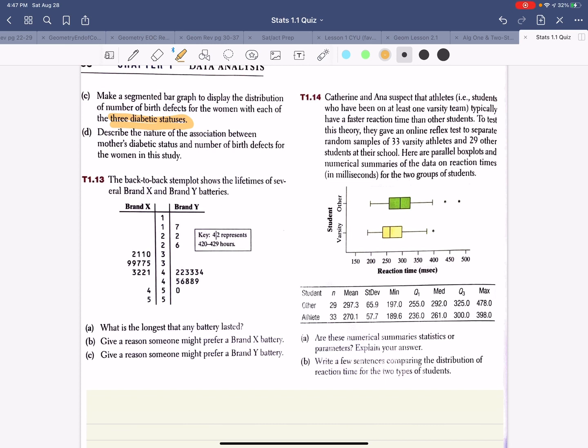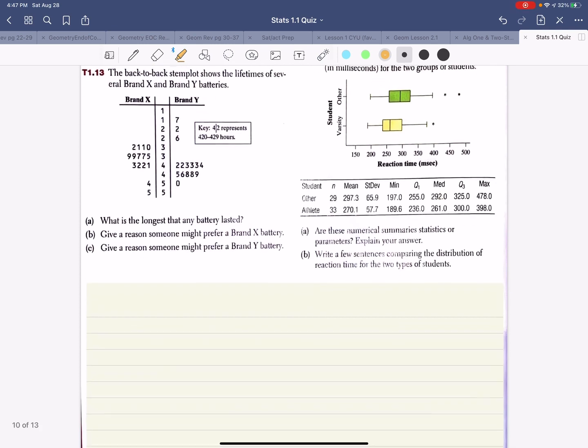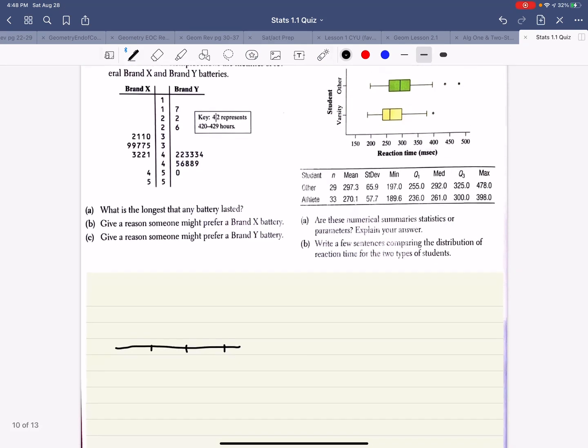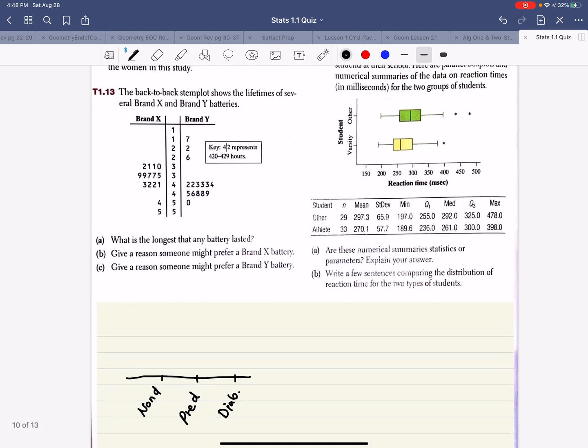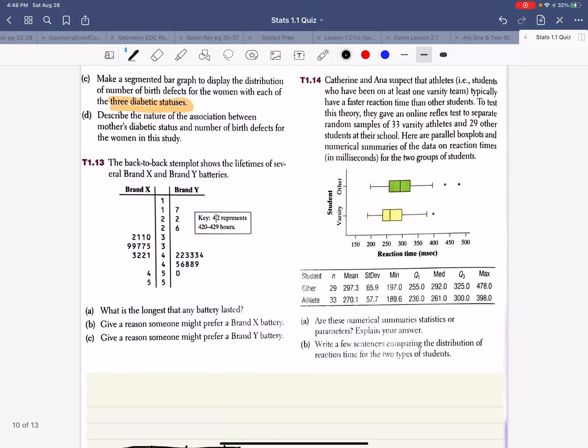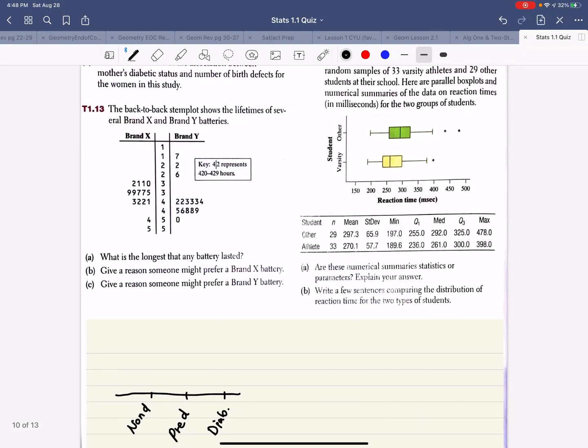So I'm going to have to make some type of a bar graph, right, for each of the 3 statuses. So that means I had the non-diabetics, the pre-diabetics, and the regular old diabetics, okay? And I want to make a segmented bar graph, meaning that this side is going to go all the way up to 100%.